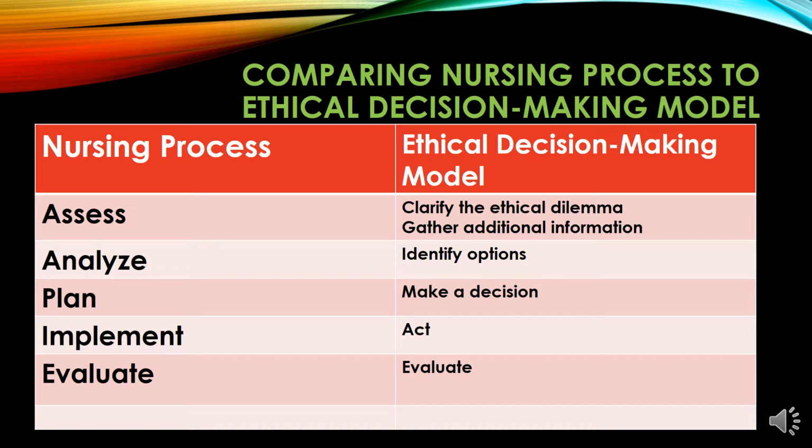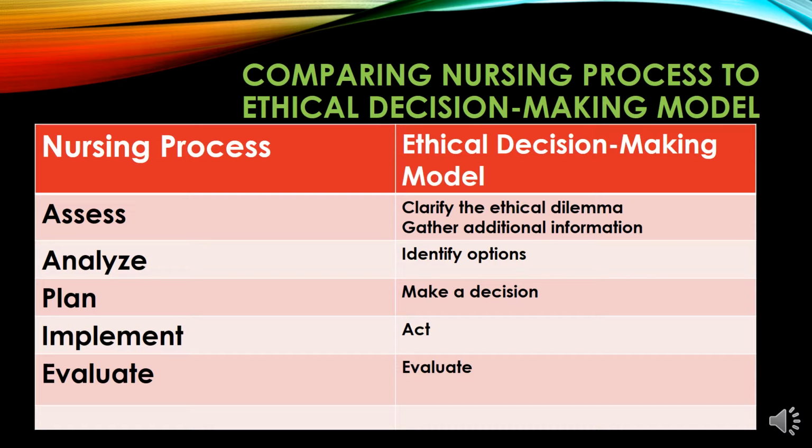Something else that we have to consider when we're thinking about ethical considerations of nursing is how the nursing process relates to the ethical decision-making model. So in the nursing process, the phase of assessing would cover clarifying the ethical dilemma and gathering additional data.